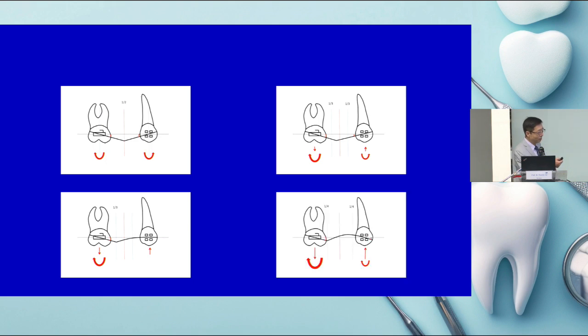If we move the V-bend further back toward the molar, within 1/4 of the distance between these two teeth, the archwire may go this way through the canine bracket. Then the canine will get this direction moment, like this. So it will be the same direction moment as our molar.